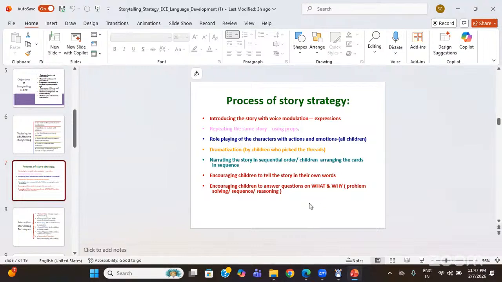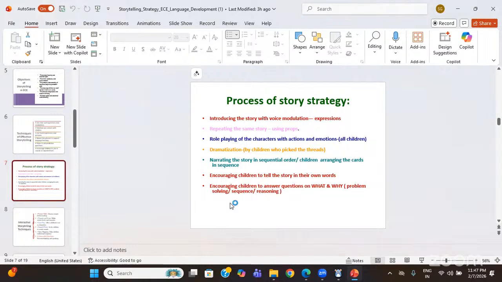So storytelling is not a time pass activity, nor a very normal routine activity. There is so much science and technicalities in it. So if you employ all these strategies of whatever I said now, then only you will reach the objectives which we have discussed, isn't it?